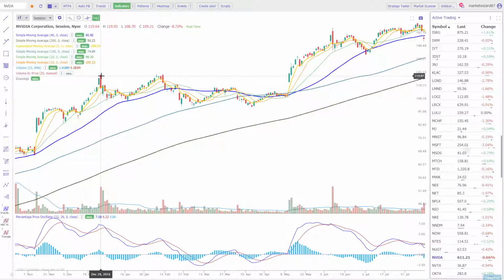So December 2018 to May, almost 6 months, 5 months. And as a result, all the shorter term moving averages got caught up with price. You never touched the 200, but the distance between the 40 and the 200 was as low as it had been in probably a year.